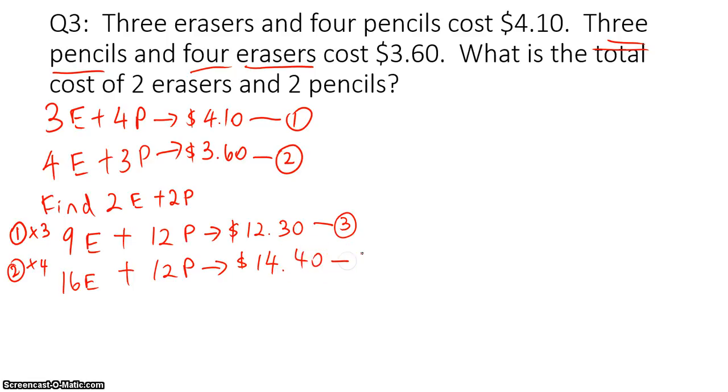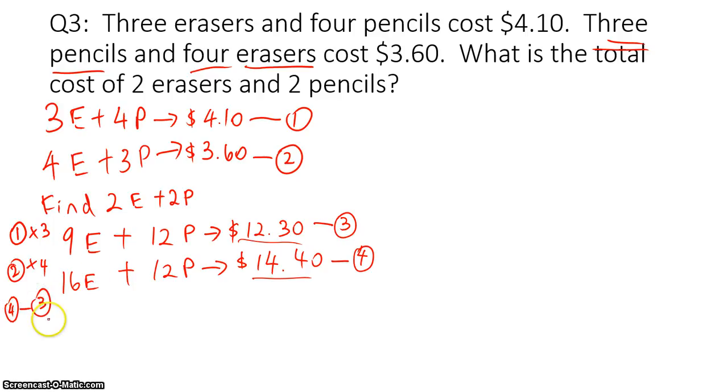I should call this equation 4. Okay, now the total amount in equation 4 is more than the money amount in equation 3. So to get rid of my p is actually equation 4 minus equation 3.